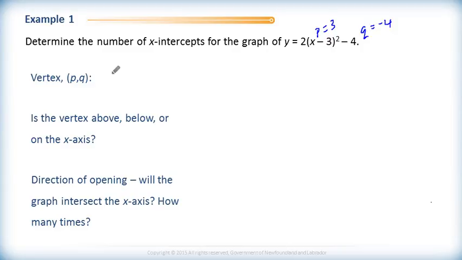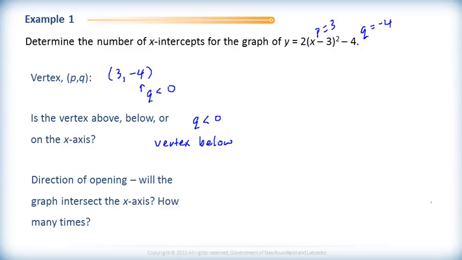So our vertex is at (3, -4). Now, because the q value is negative, therefore the vertex must be below the x-axis.